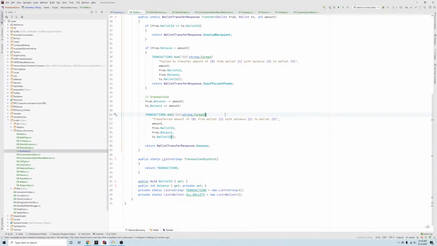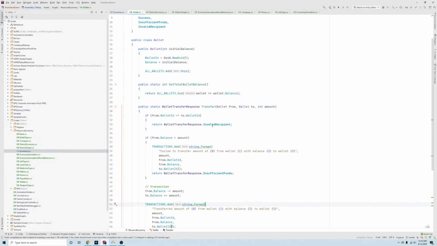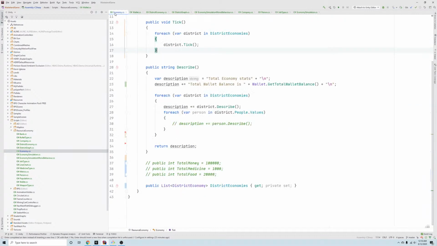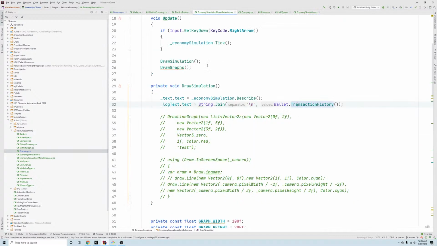And I only want to print the last 100 logs to the screen. Let's see if we can do that.